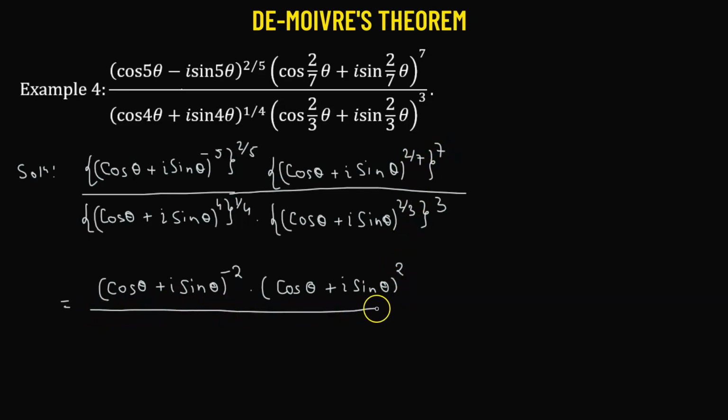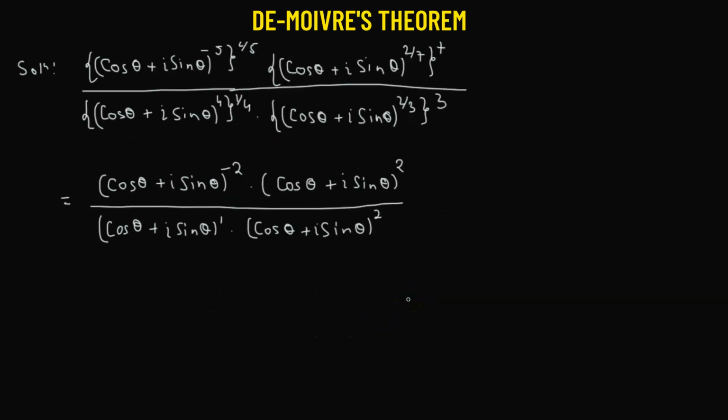Whole thing divided by cosine of theta plus iota times sine theta whole raised to the power of, so 4 times 1 over 4 will be 1, multiplied to cosine of theta plus iota times sine theta raised to the power of, so 2 over 3 multiplied to 3 will be simply 2.